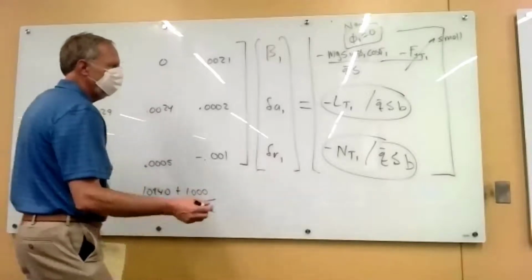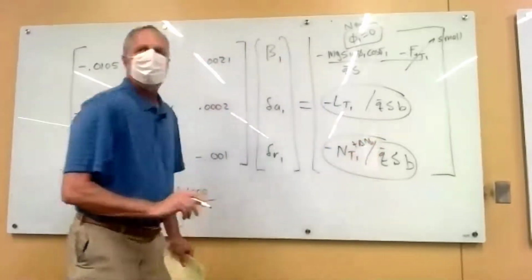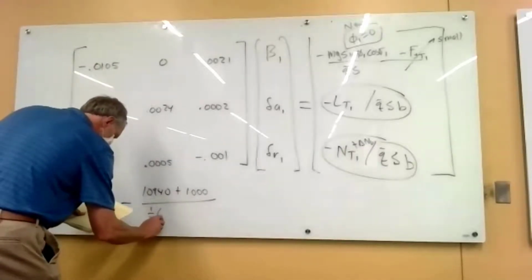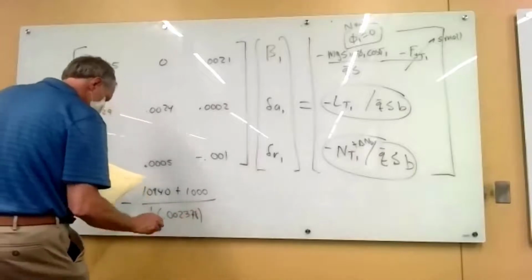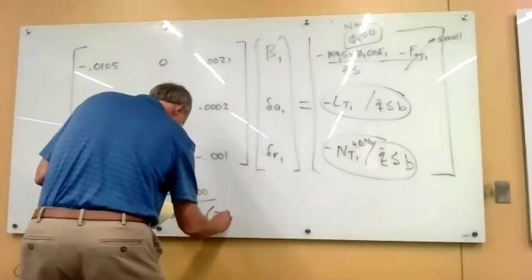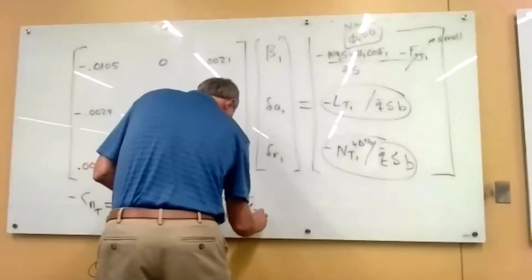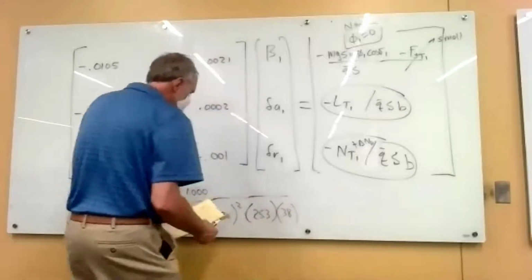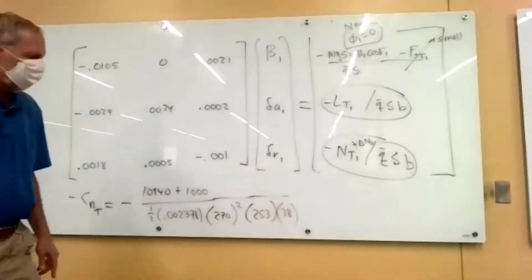And this is the delta N_D, so we're expanding this to include that drag component that he includes. So these are numbers. There's our airspeed from the previous table. There's our wing area, and there's b, the wingspan.